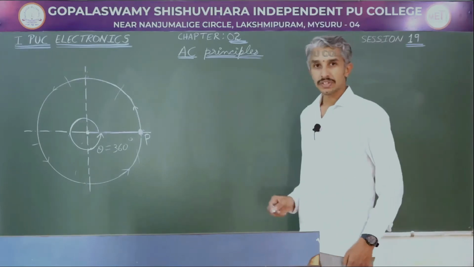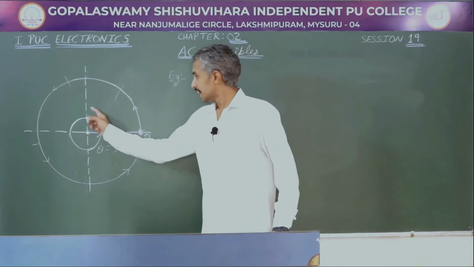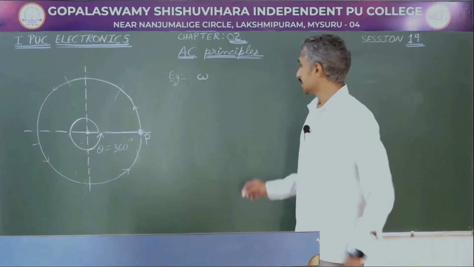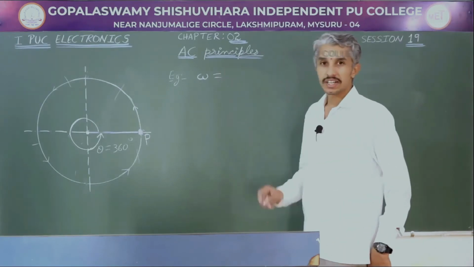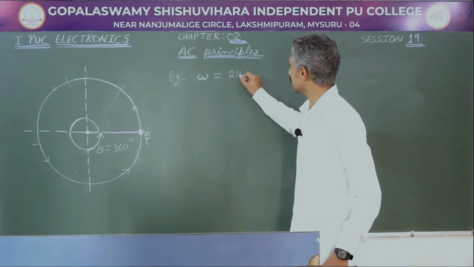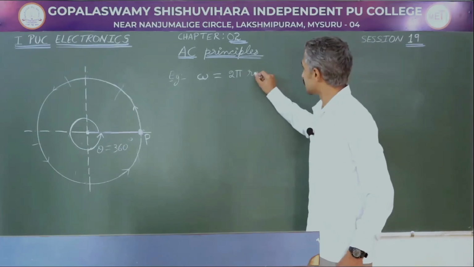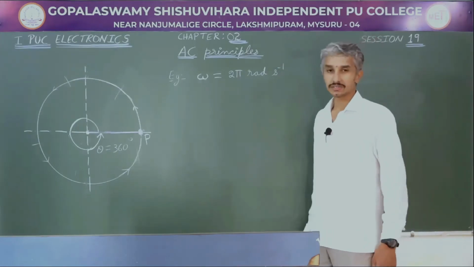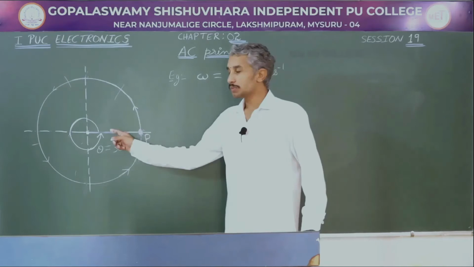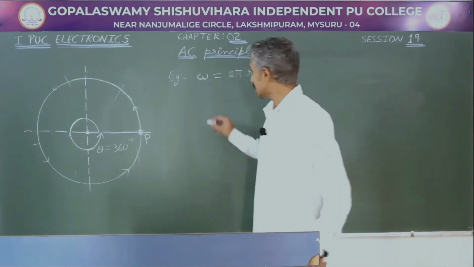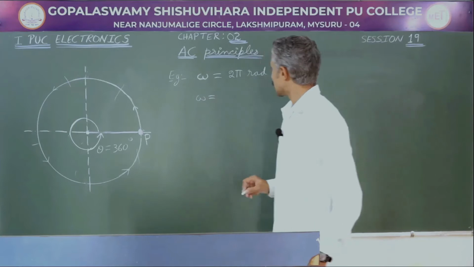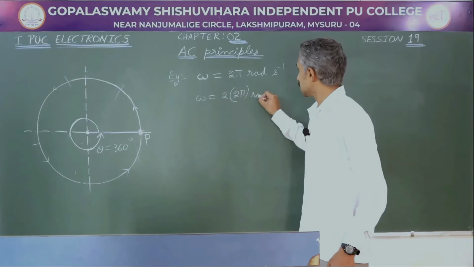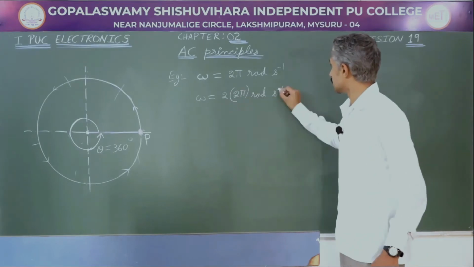Now, let me take an example. Suppose the object has completed one circle in 1 second, then the angle covered will be 2 pi radians in 1 second. So, 2 pi radians per second. Suppose the object has covered 2 cycles in 1 second, then omega would be equal to 2 into 2 pi radians per second.